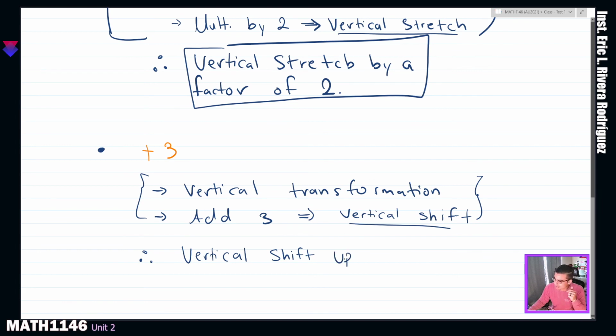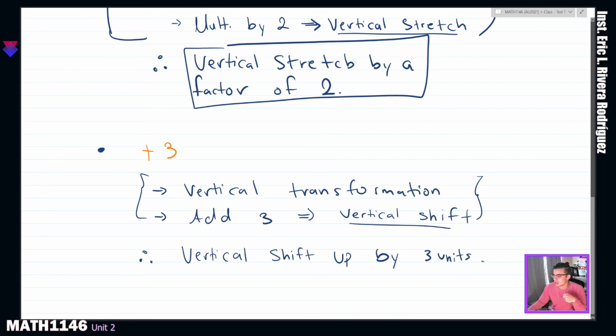I think, does that make sense? Let me rephrase this so we can understand this better. Vertical shift up by 3 units. Something like that.